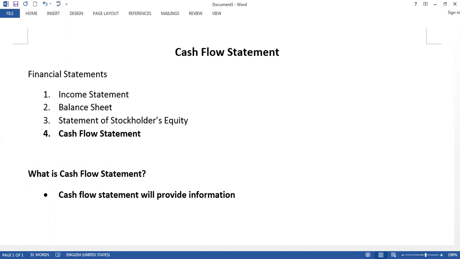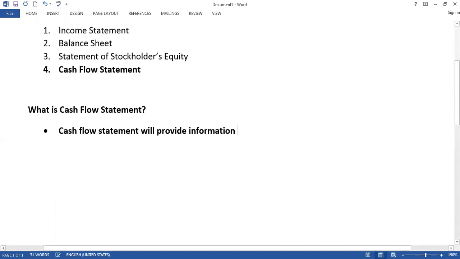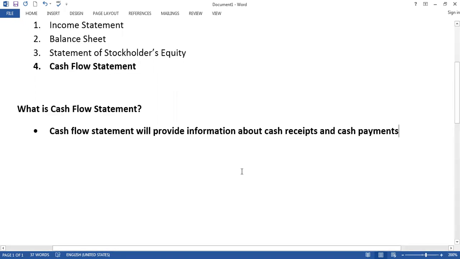So cash flow statement will provide you information about cash receipt and the cash payment. Okay.